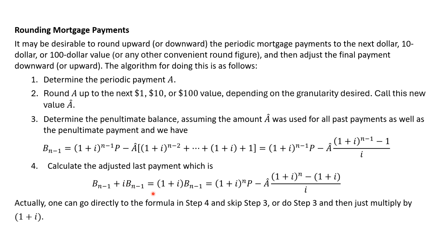So that's how much you would need to pay on the adjusted last payment. And I had a note here, one could go directly to step 4, since we know the formula for B n minus 1, or we could just stop at step 3 and then multiply by 1 plus i, which gives you the same thing as this here. So let's see what that looks like in an example.